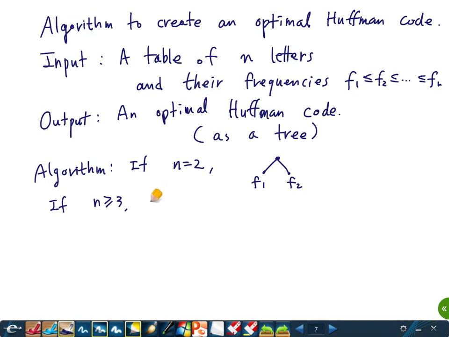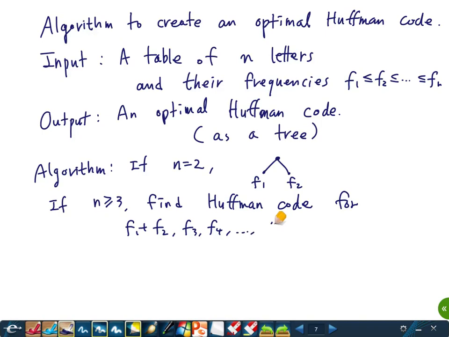Find the Huffman code or Huffman tree for the following. So here we have n frequencies, right? F1, F2, dot, dot, dot. Just add the two smallest frequencies. So F1 plus F2, F3, F4, the remaining ones are the same.